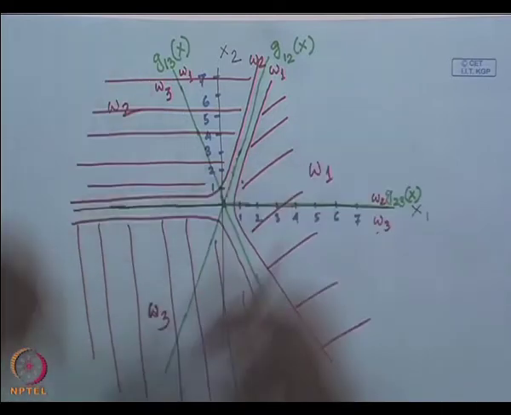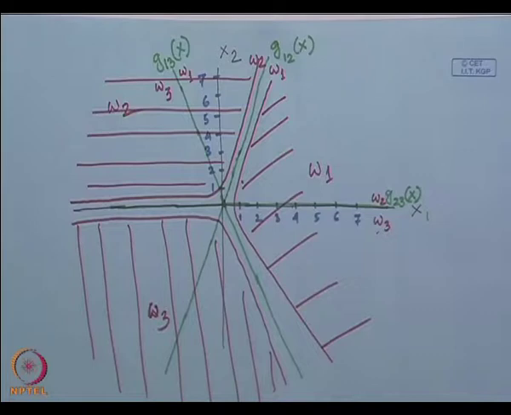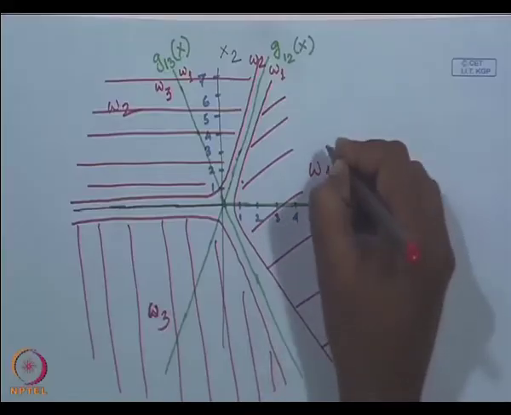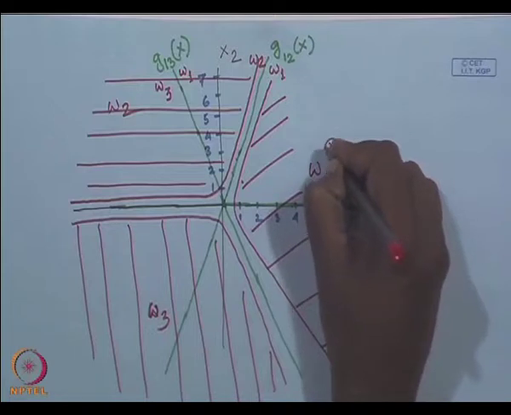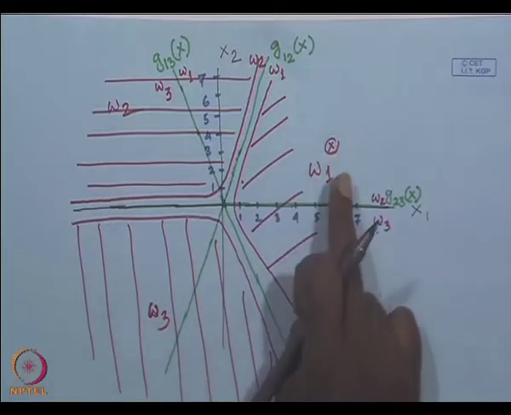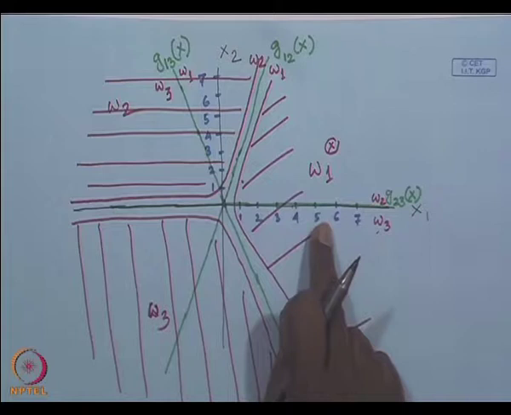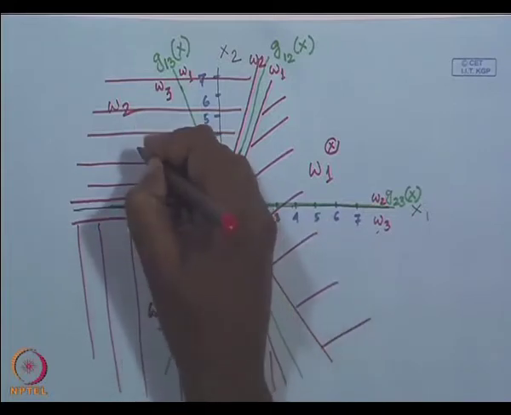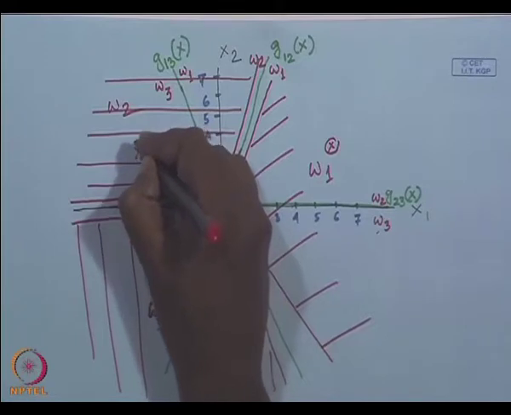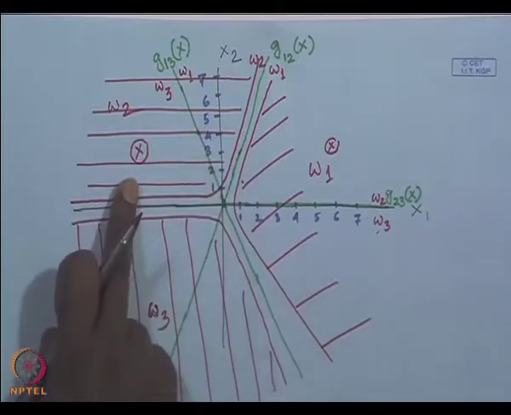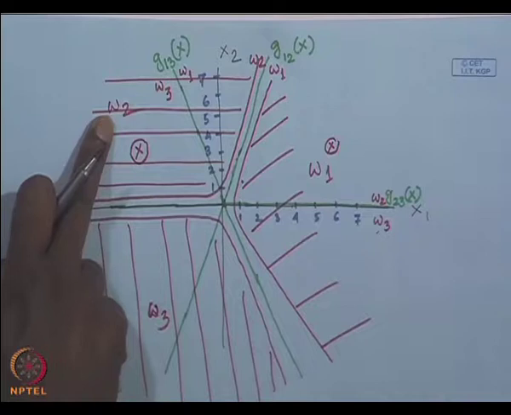So, when I have these decision boundaries G13x, G12x and G23x, if I have an unknown feature vector which is lying within this region, obviously, this unknown feature vector will be classified to class omega 1. If I have an unknown feature vector which is in this region, this will be classified to class omega 2.